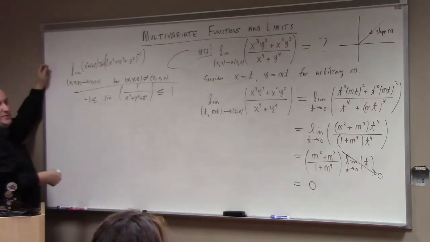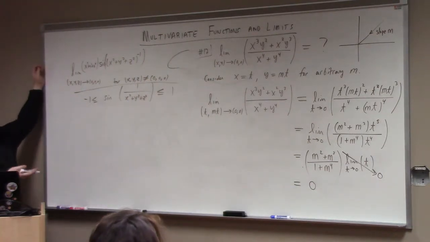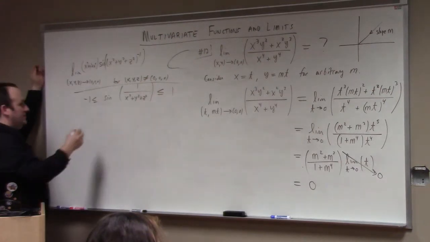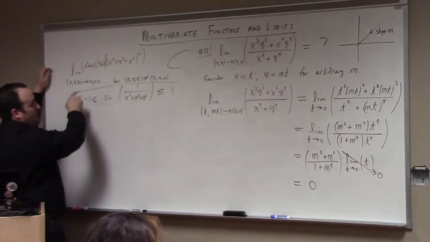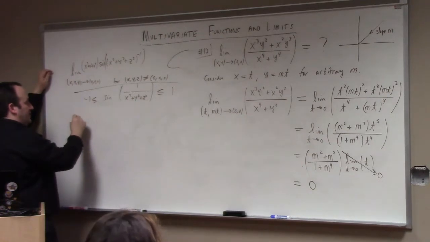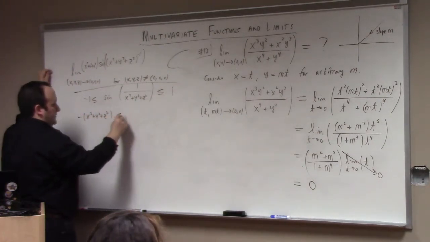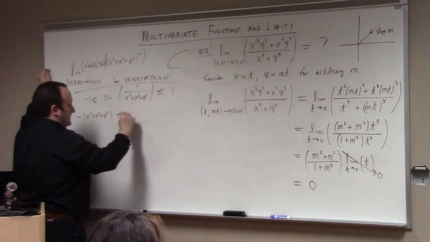As long as you're not at the limit point, the sum of the squares is not 0, so the sine of 1 over that is defined. Whatever it is, it's between minus 1 and 1 because it's sine. But then multiply this by that, and you get minus (x squared plus y squared plus z squared) less than or equal to the function, less than or equal to x squared plus y squared plus z squared.